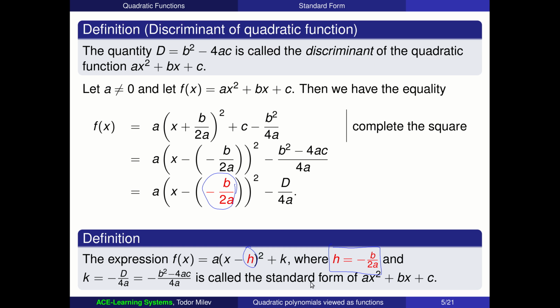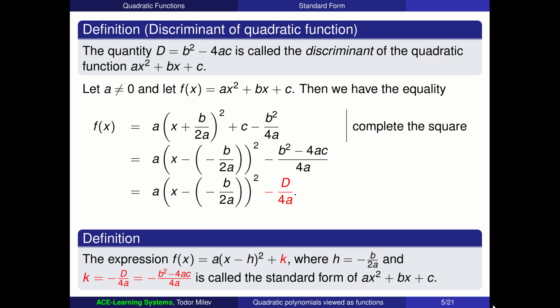And the number k must necessarily be equal to negative D over 4a, where D is that magic discriminant, or k must be equal to minus (b squared minus 4ac) over 4a.